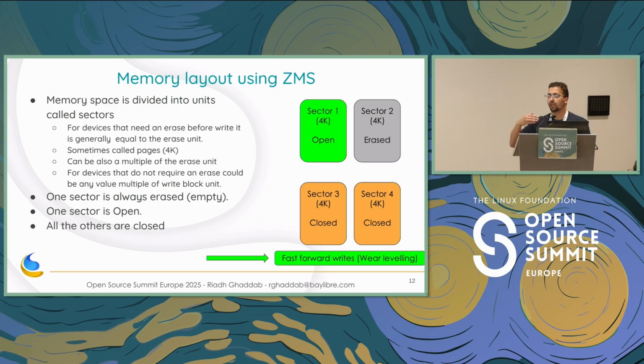We only write a memory cell one time and we advance. We never return back. With this feature, all the memory cells are going to be written equally at the end of each cycle. So we know that at any time, all the memory cells have been used equally. That's called wear leveling, and that's how we maintain the lifetime of the device.